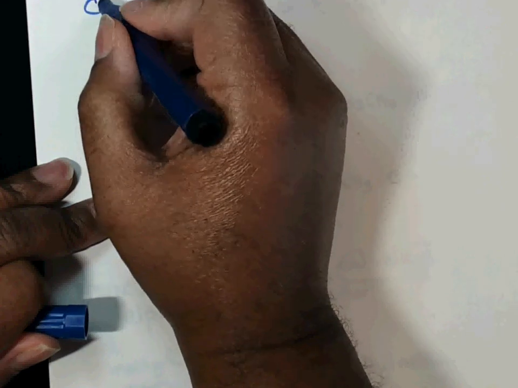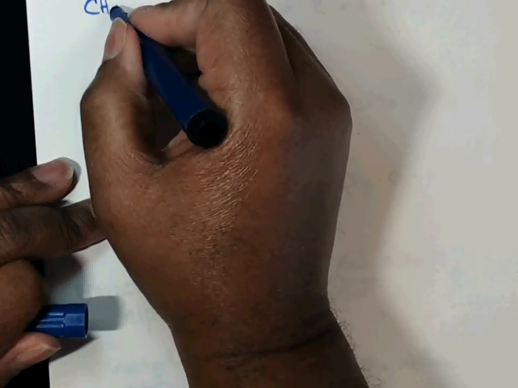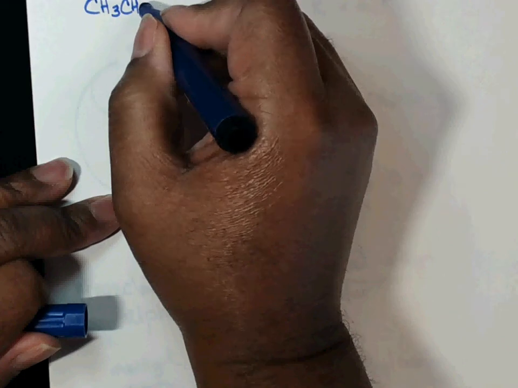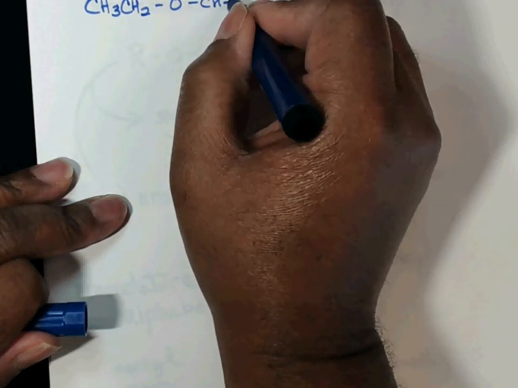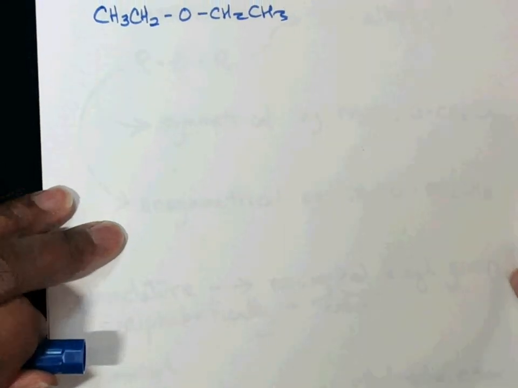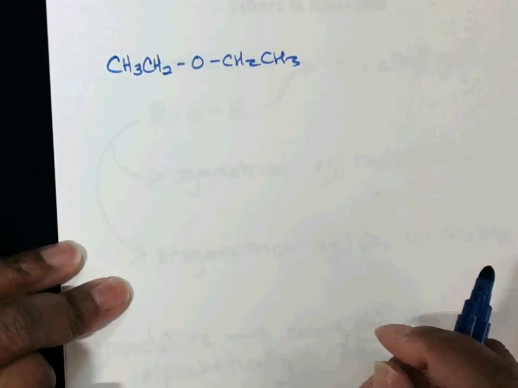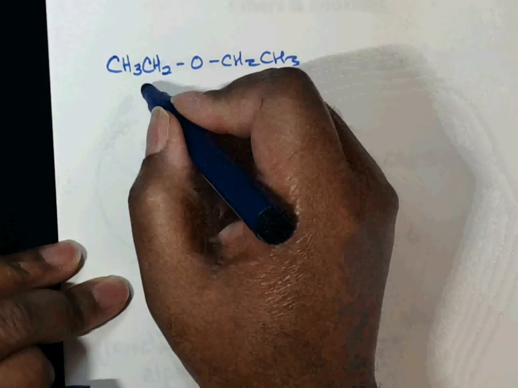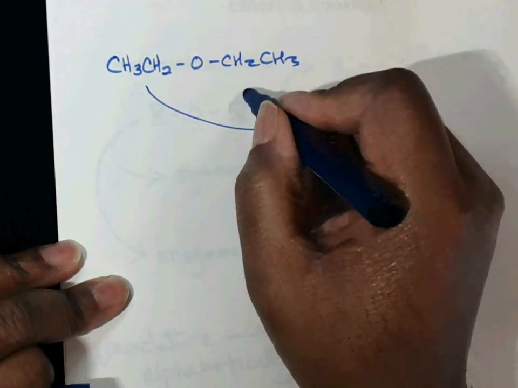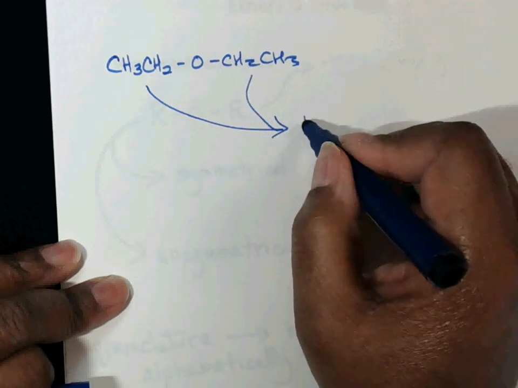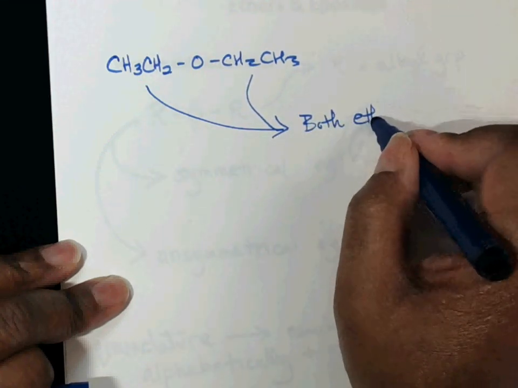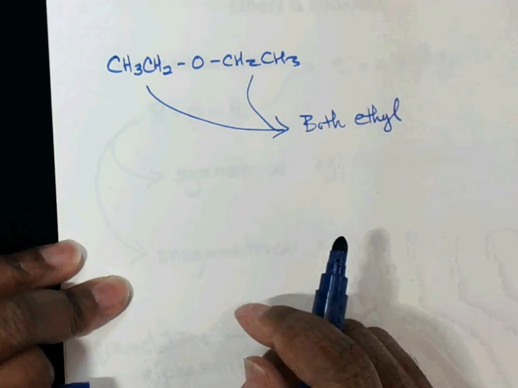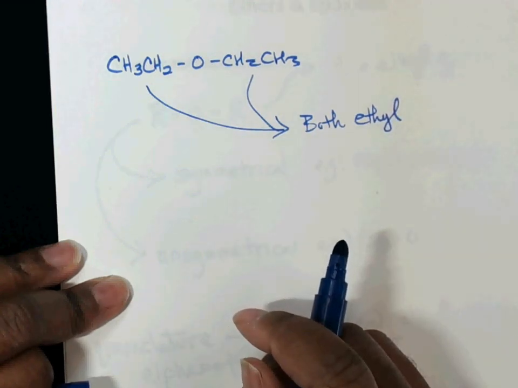So if I have two like alkyl groups, meaning they're both, in this case, ethyl, well, we got two options.